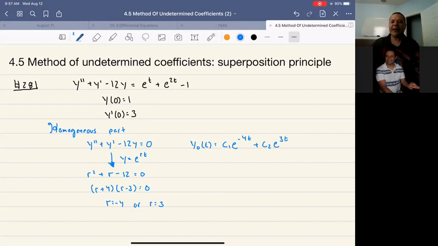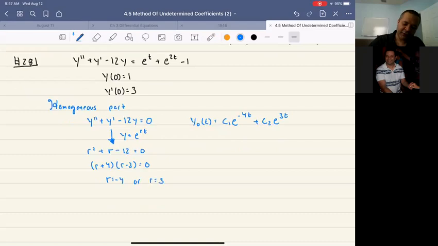Okay, now for the particular solution, we're actually going to have 3 different particular solutions, one for each forcing function on the right.